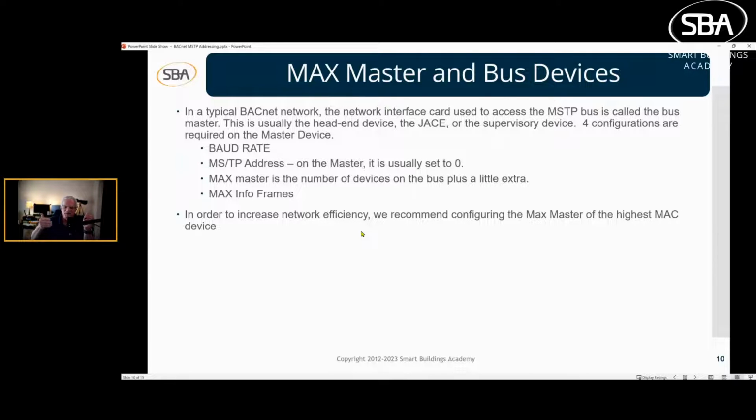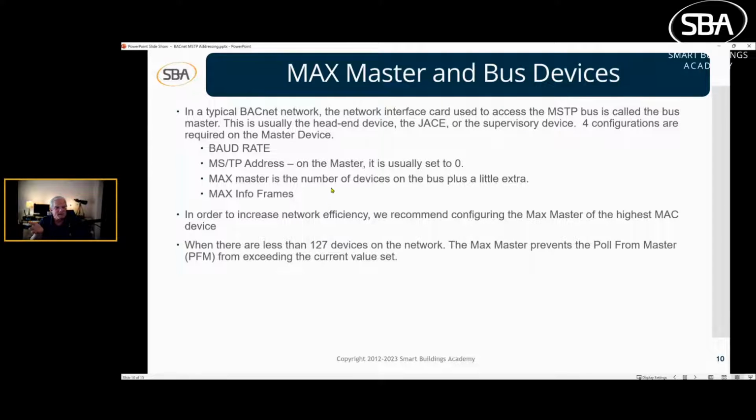That's how serial communication works. That's how MSTP works. It starts at 0 and goes to 1, goes to 2, goes all the way out to 127. So if you want to improve the efficiency of your MSTP network, set your max master in the JACE just a little bit more than the actual physical number of devices on the network.